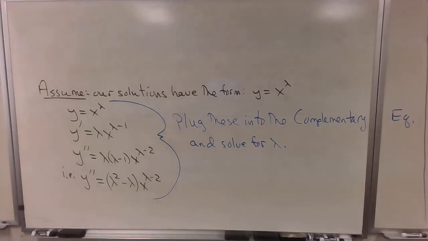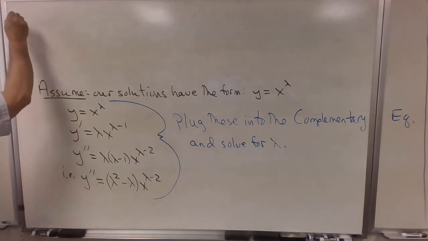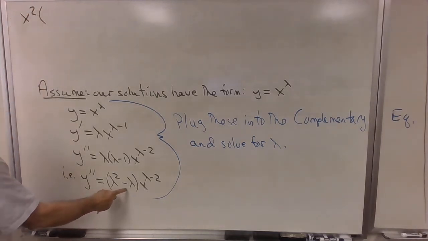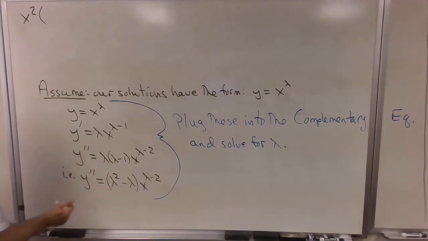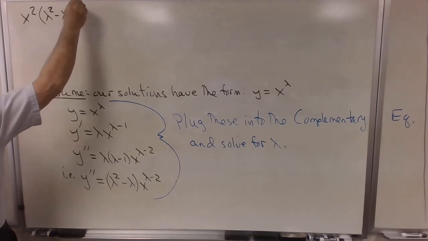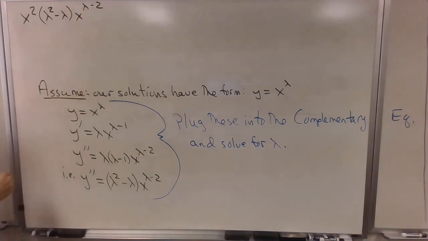What was our complementary equation? x squared y double prime. So here's x squared, and y double prime is this thing, lambda squared minus lambda x to the lambda minus 2. Okay.